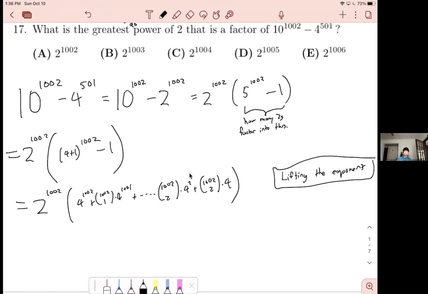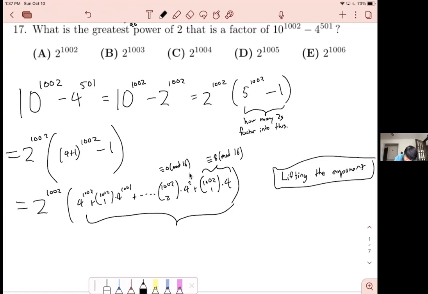And based on this, we can actually get how many factors of 2 come into this. The way we do that is we notice that this thing has 3 factors of 2, because 1002 is congruent to 2 mod 4. So this is congruent to 8 mod 16, and then this is congruent to 0 mod 16.